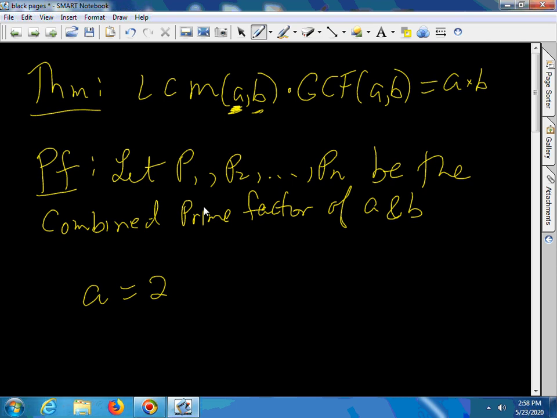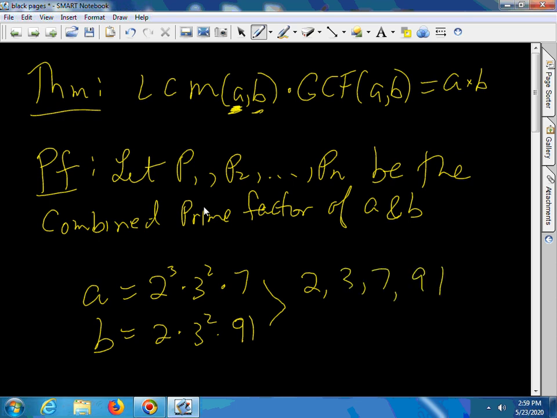If A is 2 to the 3 times 3 squared times 7, and B is 2 times 3 squared times 91, then I'm using 2, 3, 7, and 91. Those are the primes I'm using. I put them together.